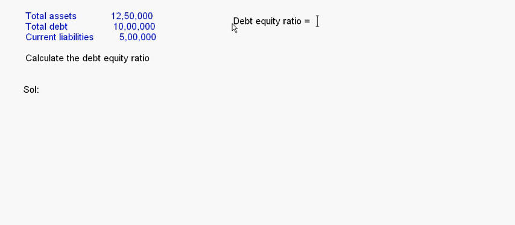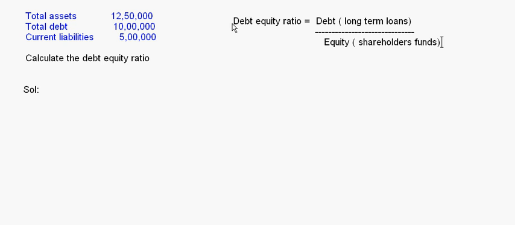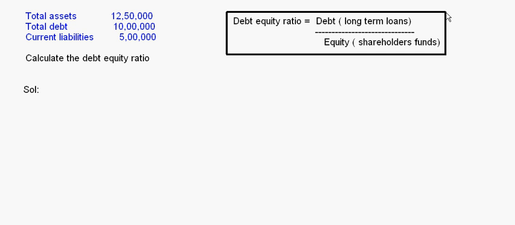Debt equity ratio will be equal to debt, that is your long term loans, upon equity, that is the shareholders' funds. Okay, so this is the formula for calculating the debt equity ratio. Now let's come to the solution of this question.